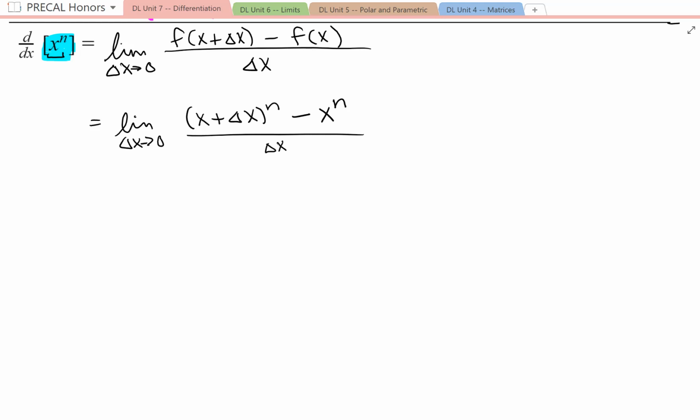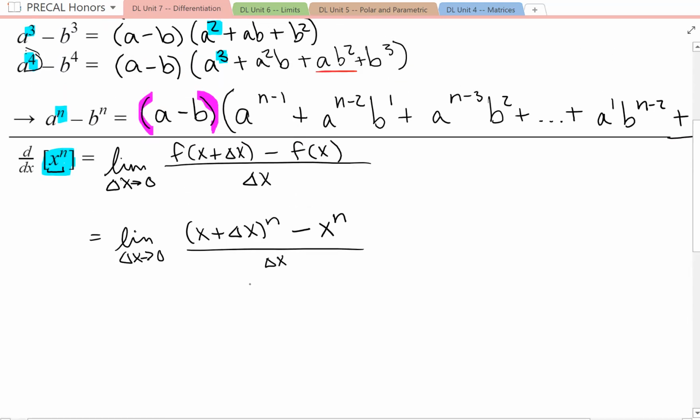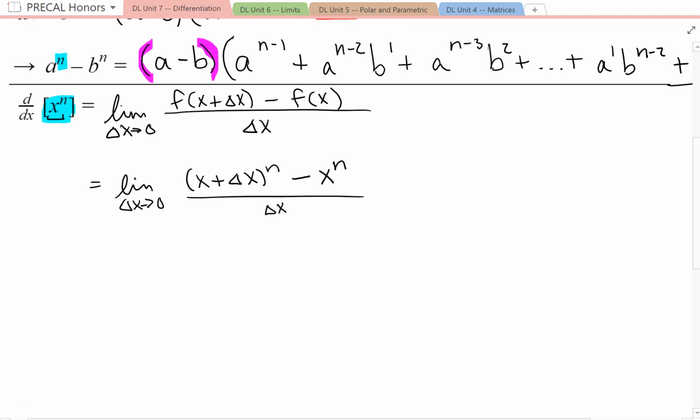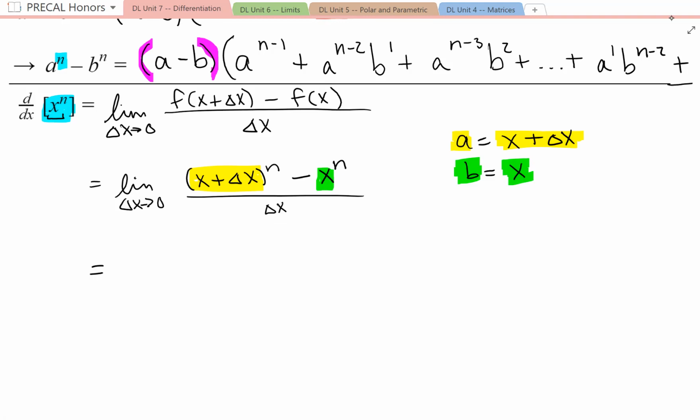All the expansion that we did above is to help us expand this. I have something to the power of n minus something else to the power of n. To visualize the expansion, I have named the first term a and the second term b. When I expand, I'll still use x and delta x, but this will help me follow the formula I came up with above.